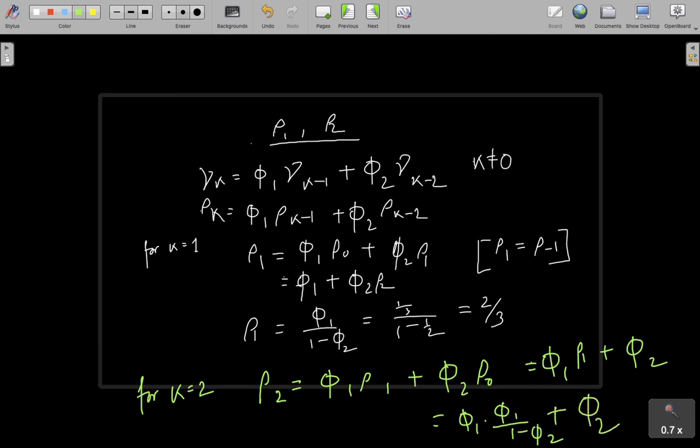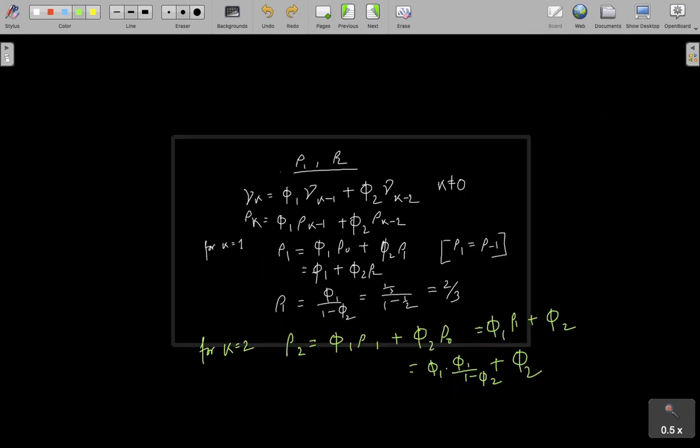Let me just minimize the size a little further, okay? So this is equal to phi 1 squared by 1 minus phi 2, plus phi 2.